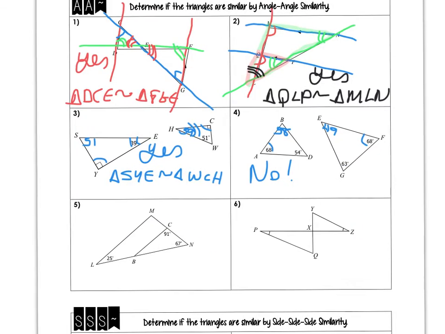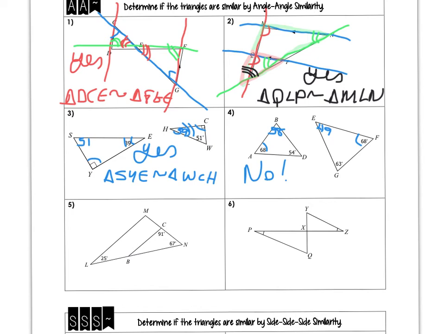All right, let's move on to the next one, number 5. And here we need to look at this big triangle first right here. So 180 minus 25 minus 67, which gave me 88.